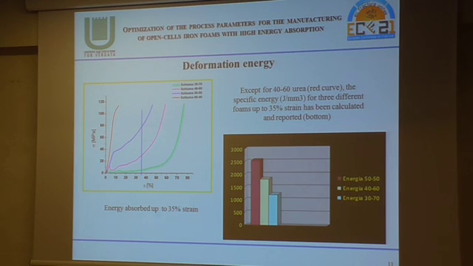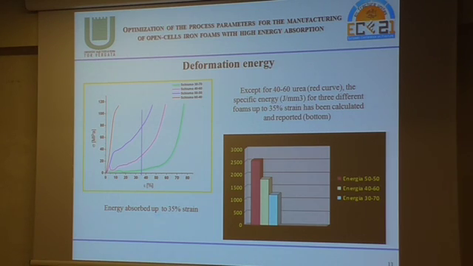In order to make a comparison, we set a deformation fixed at 35% strain, and we calculated the specific energy absorbed up to that deformation in order to have a comparison between homogeneous properties. The results of energy absorbed of the samples are reported on the diagram on the right.